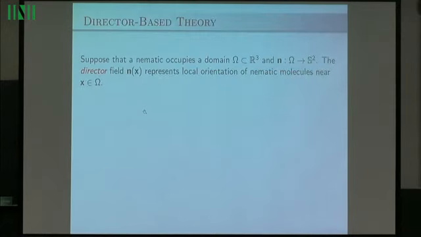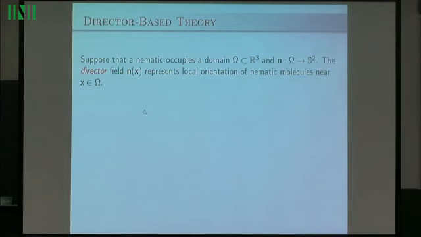All right, so let me first recall how we describe a nematic liquid crystal. So we already heard here about Oseen-Frank and Landau-de Gennes theories. In my case, I'm going to stick to the description that stems from Oseen-Frank.